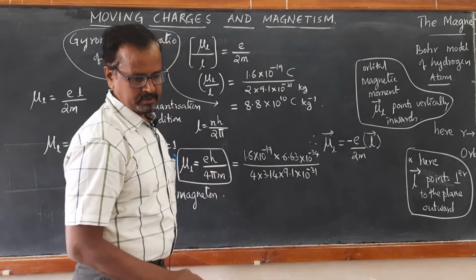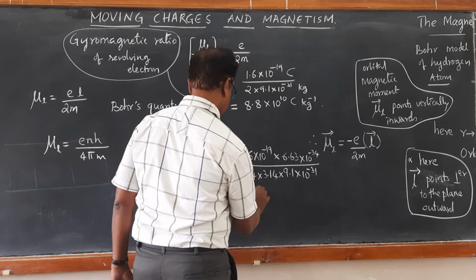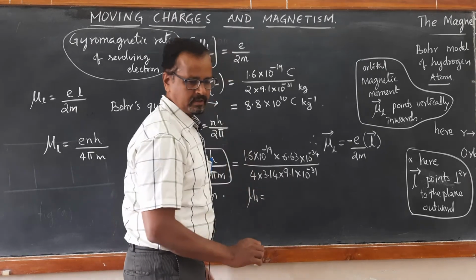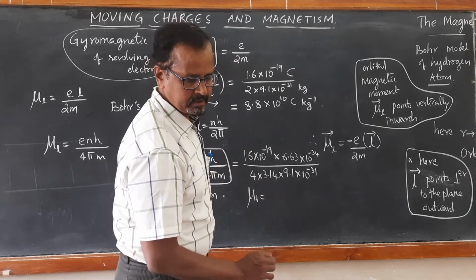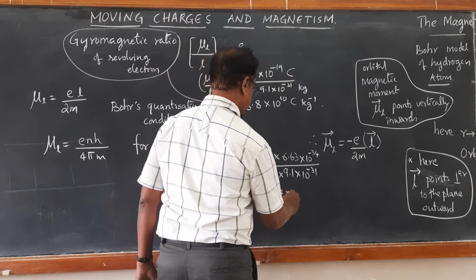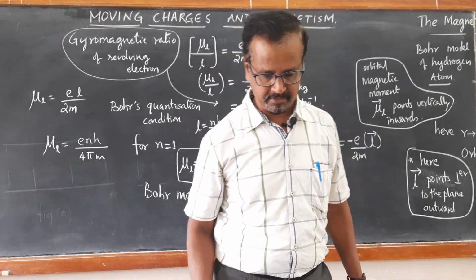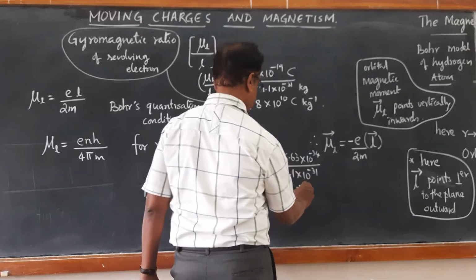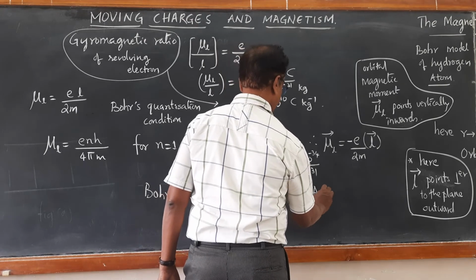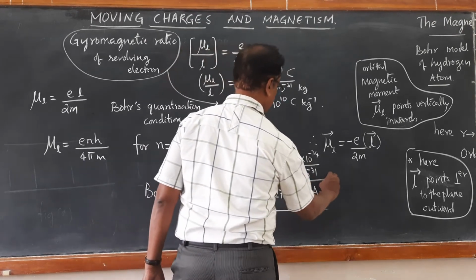If you substitute this, we get the constant mu L for the electron in the first orbit: it becomes 9.27 into 10 to the power of minus 24 ampere meter square. So, this is the Bohr magneton.